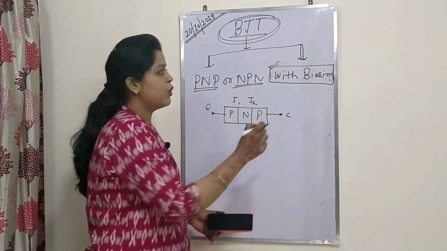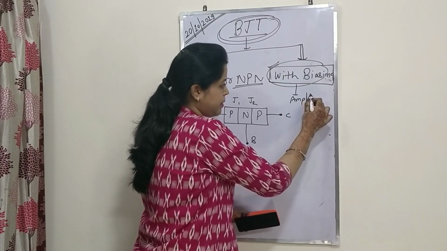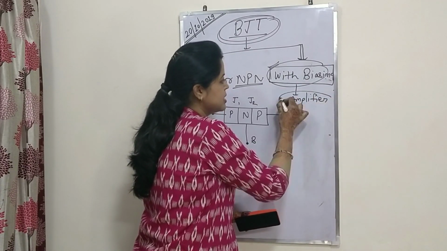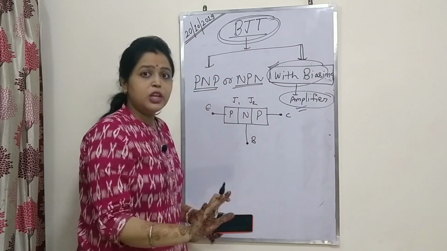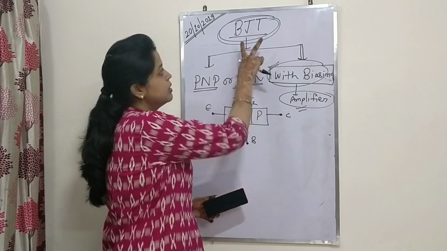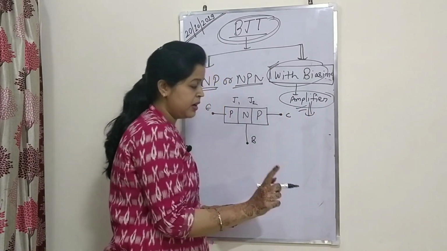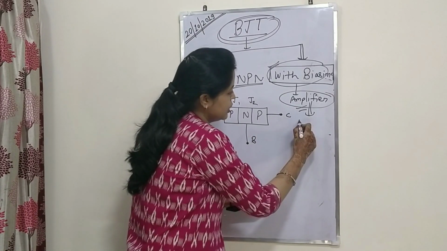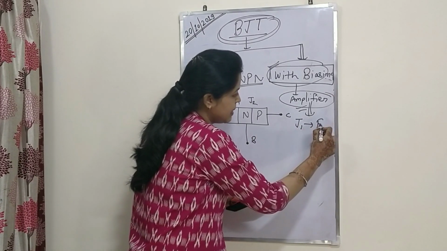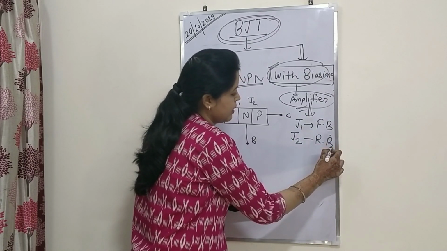Like if you want to design an amplifier, as I told you, the transistor is the backbone for designing an amplifier. So the designing of an amplifier totally depends on the transistor. And if you want to go with the designing of an amplifier, you will have to go with J1 junction forward biasing and J2 junction reverse biasing.